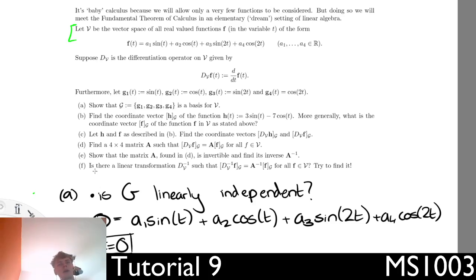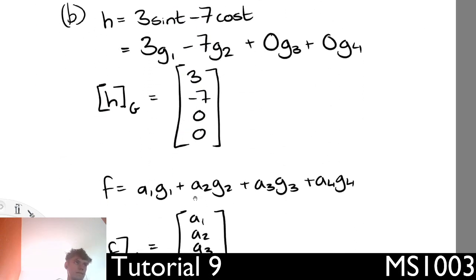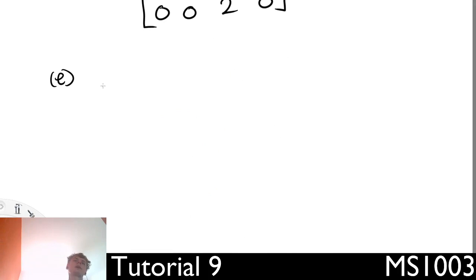And then part F asks, is there a linear transformation D inverse such that D inverse of F equals A inverse of F for all F in V? The punchline here is that in part A, if you try and invert it, you find that A is invertible.